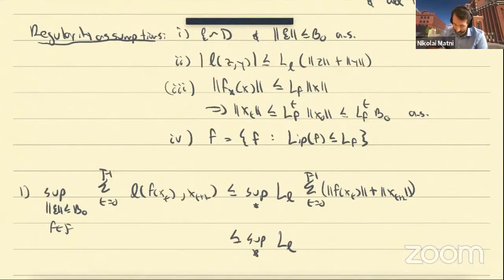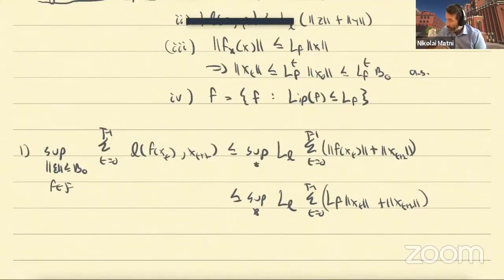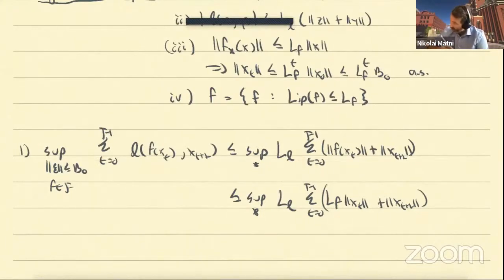I have that this is then less than or equal to, if you work through it, unroll the dynamics and collect like terms, 2L.